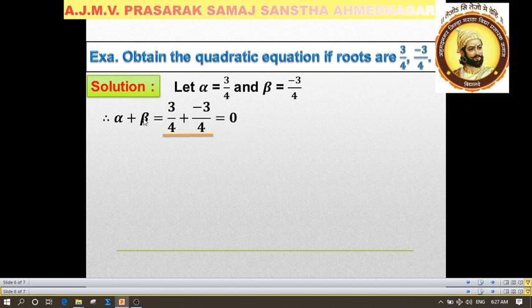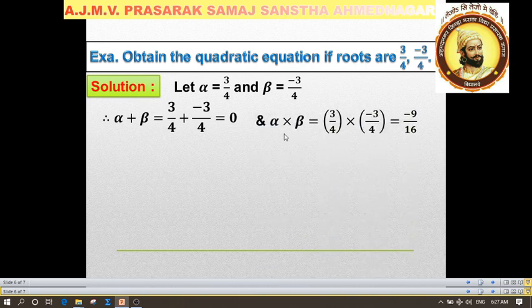So sum of the roots is equal to 0 and product of the roots alpha into beta is equal to 3 upon 4 into minus 3 upon 4. Now product of the fractions means numerator into numerator, 3 into minus 3 is equal to minus 9, and denominator into denominator means 4 into 4 is equal to 16. So product of the roots is equal to minus 9 upon 16.